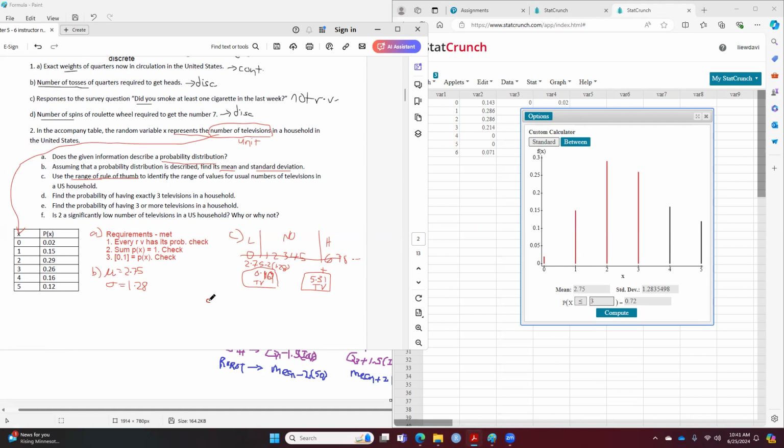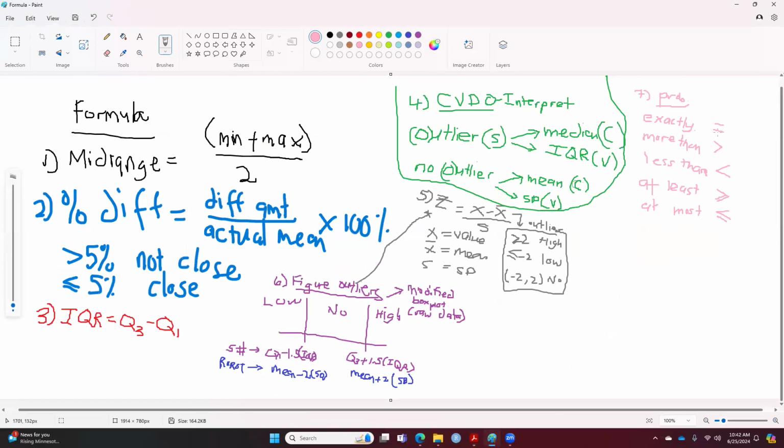Okay. D, what is the probability of having exactly 3 TVs? If you want, you can just look at here. This is exactly 3 TVs. So how do we write this? We write it down as probability of X equals 3 because of the word exactly. If you remember what we just did in the formula, exactly is where we use the equal symbol.